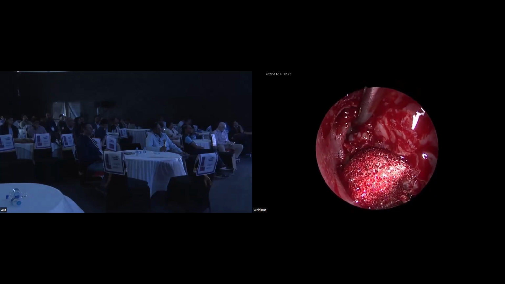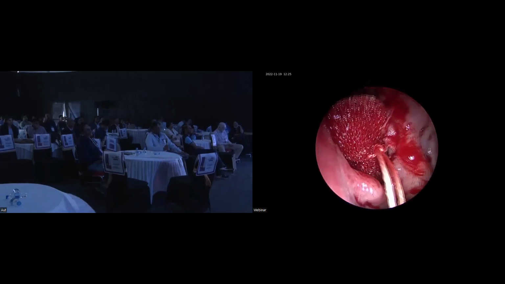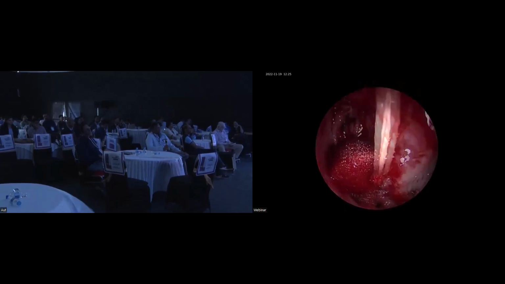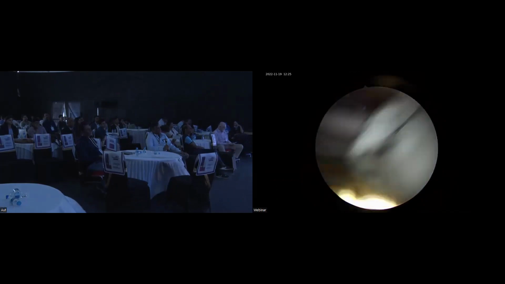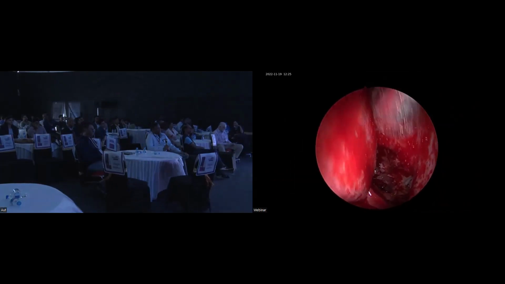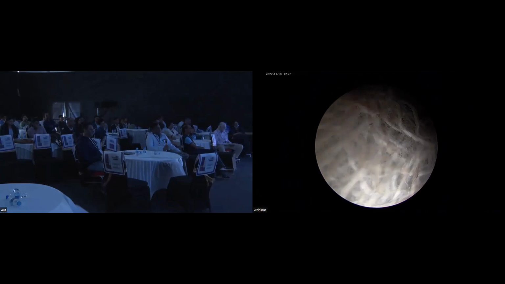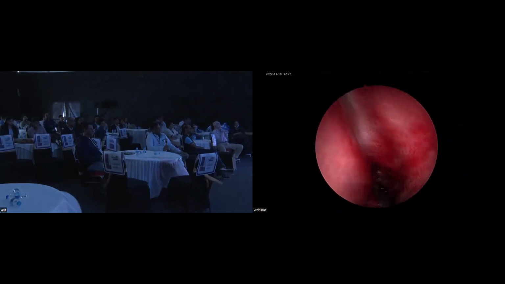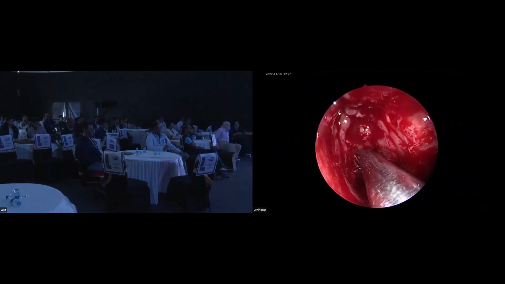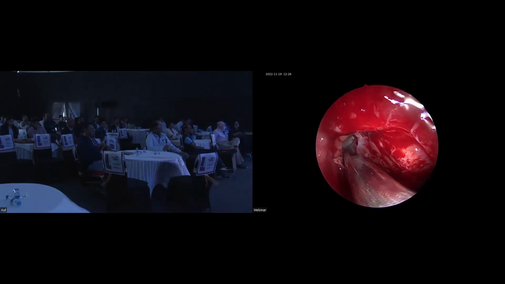So widen this and go towards the medial aspect which is leading to the frontal sinus. I'm using a 70-degree telescope and red 60 blade to clear the disease in this area.